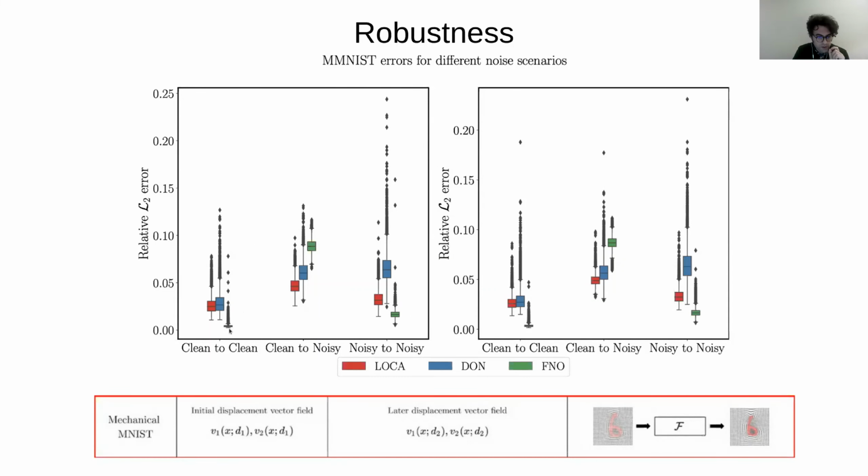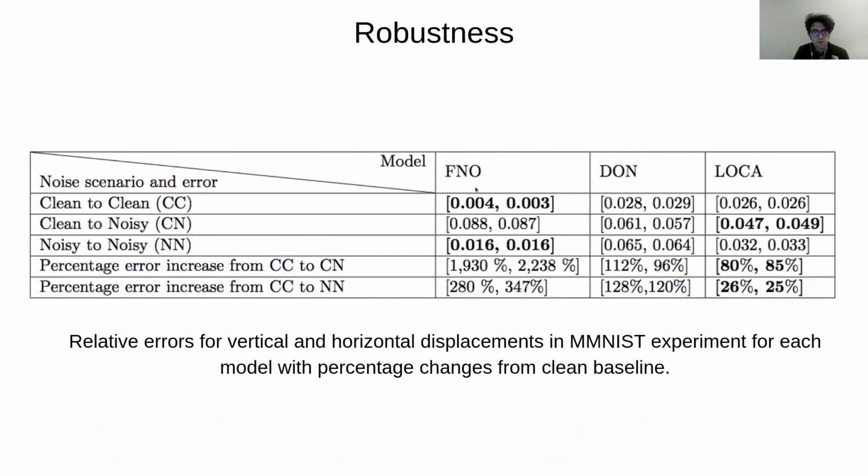Okay, so you see that in the clean case, the FNO is very accurate, right? But then we input the noise and the error explodes pretty much. It's close to a 2000% increase from clean. So if you add noise in the test data, and this has to do with the Fourier transform, right? And they are unstable deformations.